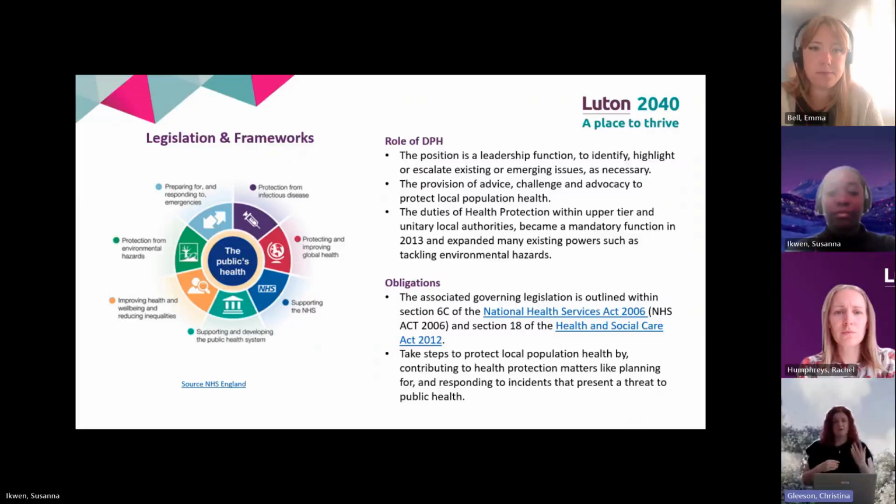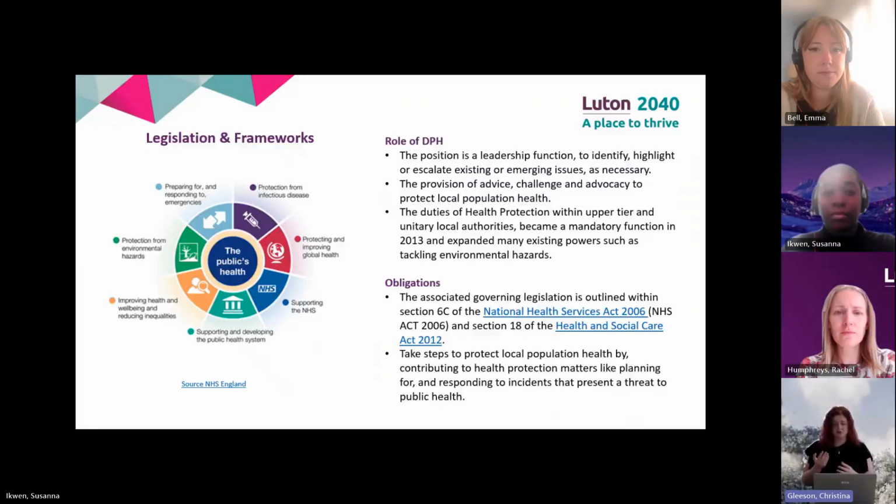And they also provide advice, challenge and advocacy for the local population. The duties for health protection are for an upper tier local unitary authority, which is what Luton Council is. They became a secondary mandatory function back in 2013, when powers were extended, such as tackling environmental hazards, which we'll come on to later. So there are some obligations on the Director of Public Health.